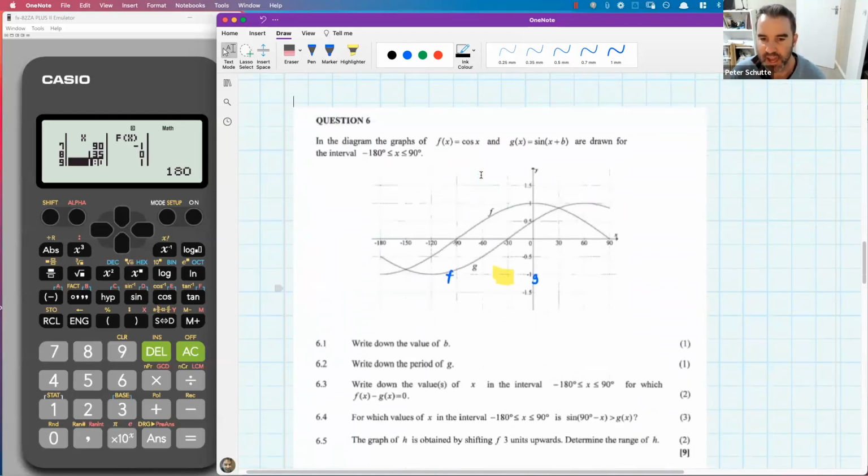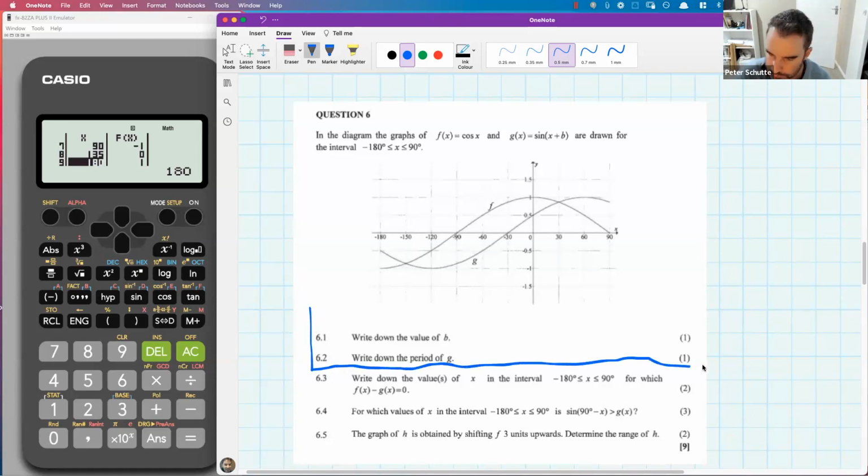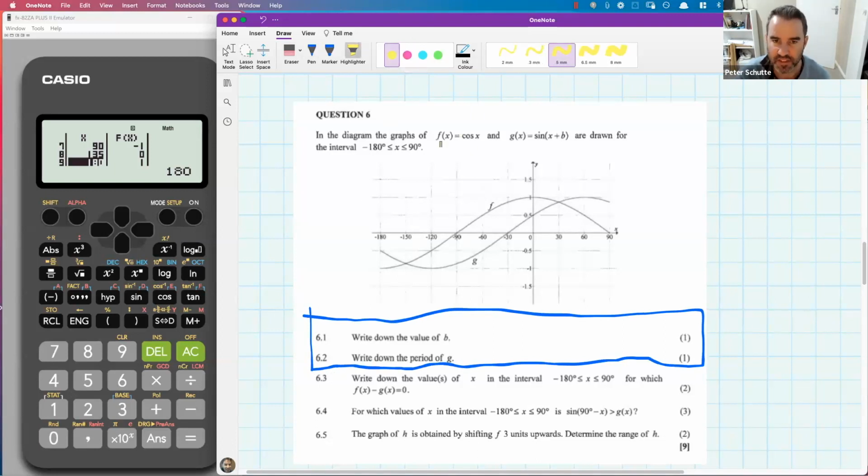So this is from a past exam paper, and I don't want you to worry about all the questions. All I want you to try and work out for me before we have a break is I want you to think about 6.1 and 6.2. So if you look at this, it says f of x is cos x.